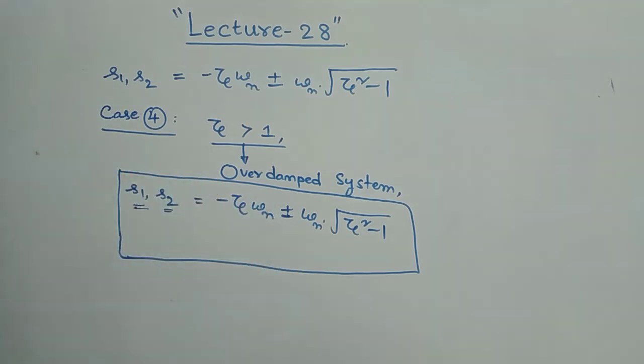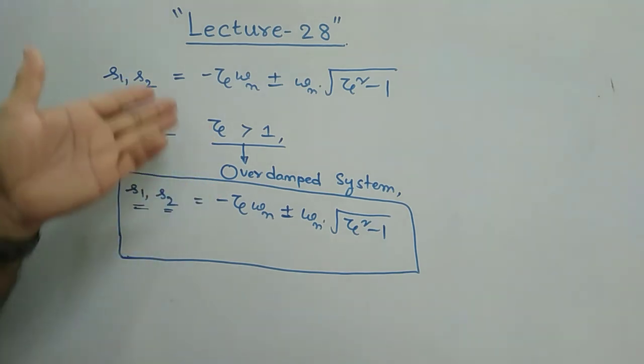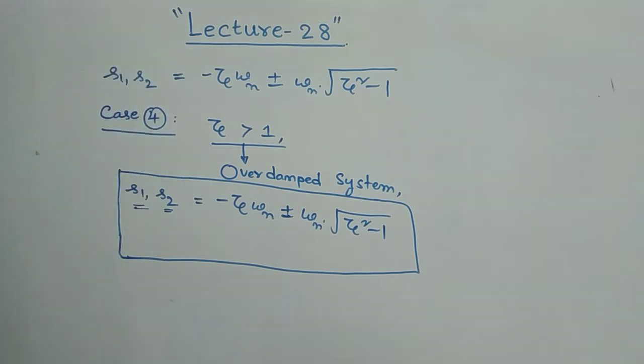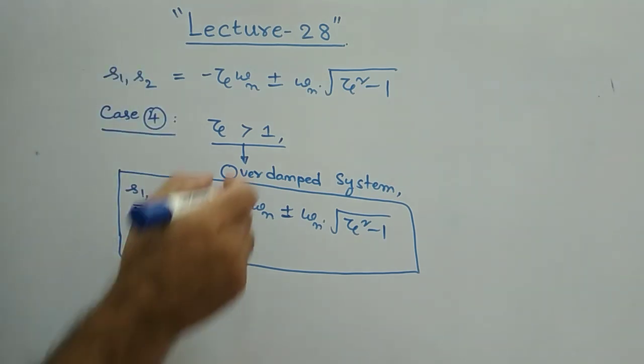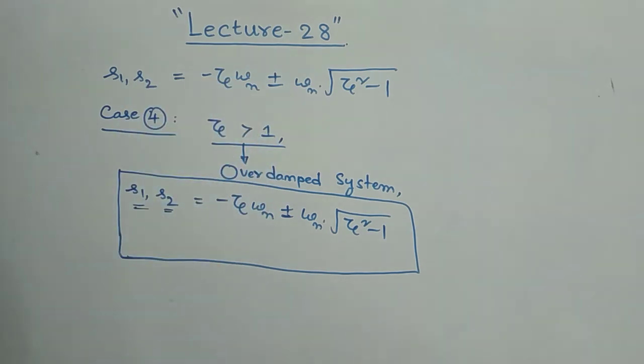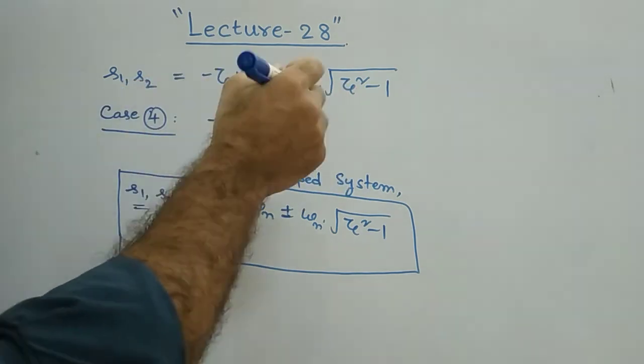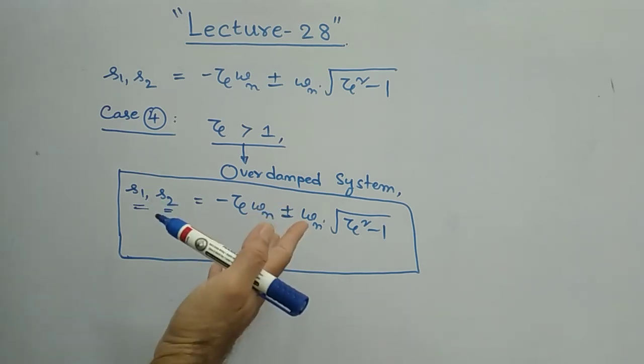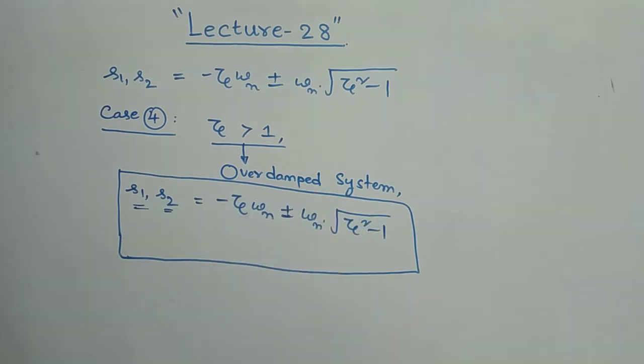So these are the important classifications based on the damping ratio or damping factor. Depending on the values of the damping ratio, the roots can be classified like that: when complex conjugates will come, and when roots are real and not equal.